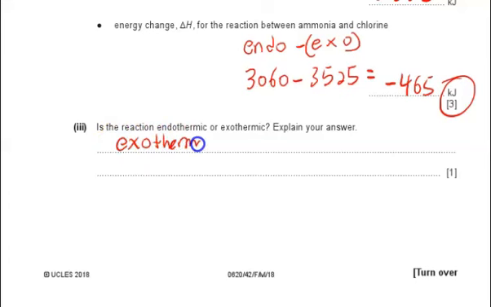So we move on with the next question here. Alcohols are a family of organic molecules which have the same general formula. What is the name given to any family of organic molecules which have the same general formula and similar chemical properties? We call it a homologous series.